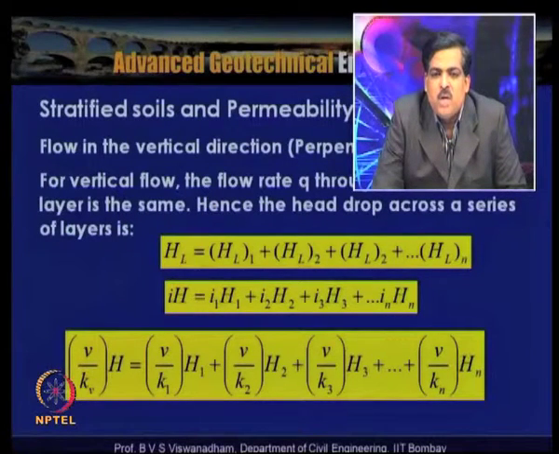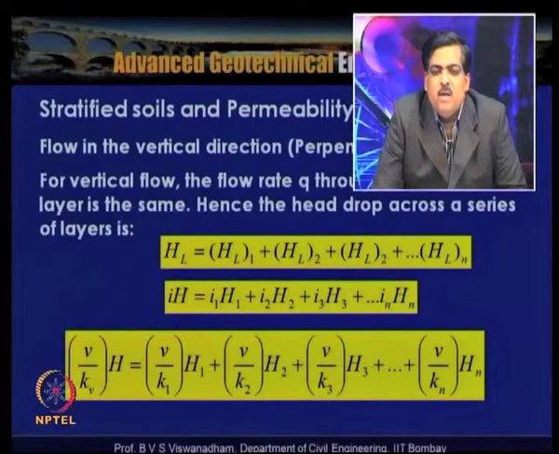When you put that in, I can write HL as iH, where H is the total thickness of the stratified layers, and i1 is the hydraulic gradient in layer 1 and H1 is the thickness of layer 1, i2 is the hydraulic gradient in layer 2 and H2 is the thickness of layer 2, similarly i3 H3 and so on to in Hn.